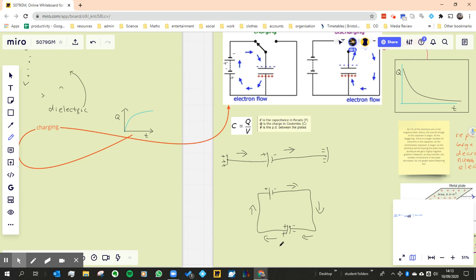In other words, you'll be able to build up more charge in the lower one, because when the electrons start to build up on this right-hand side, although they're repelled by the other electrons already on the plate, they're slightly attracted to the plate just behind it.